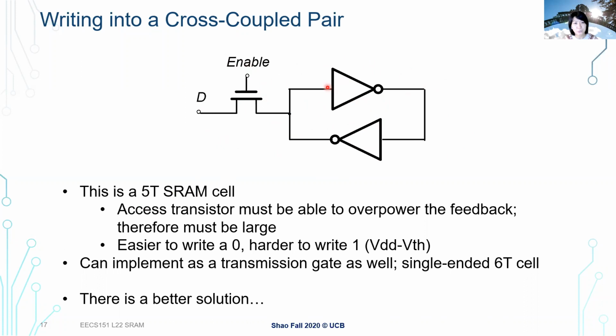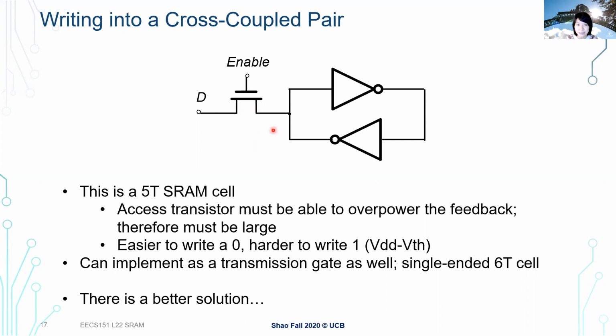In this cell, if we want to write to the SRAM cell and update this value, we set the enable high. This is an NMOS transistor, so setting the enable high turns the NMOS on, and we can write our data from D into this inverter pair to update the data. There are sizing constraints so that we can write the data successfully.